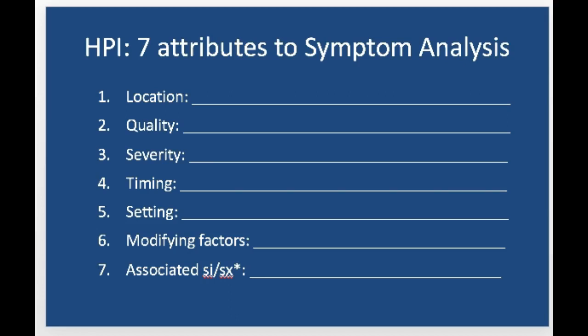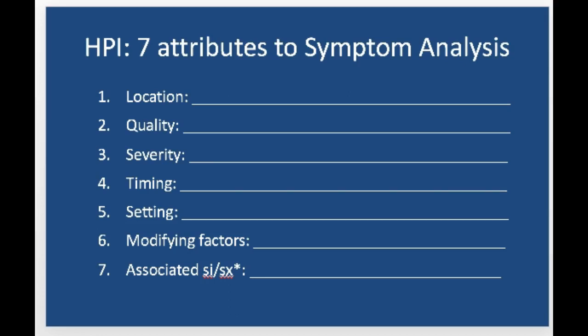The quality, if it's pain, then you're asking about burning, aching, stabbing, sharp. If it's a cough, you might be asking, is it hacking, dry, moist? If it's stuffiness, that's kind of hard to qualify, but the quality of it, is it hard to breathe? That sort of thing.